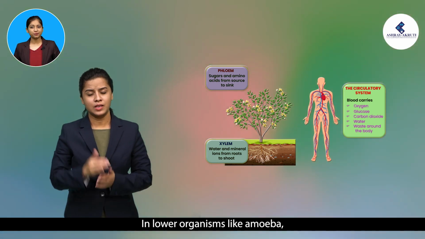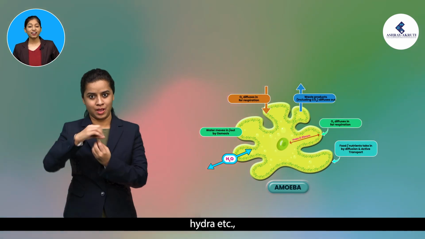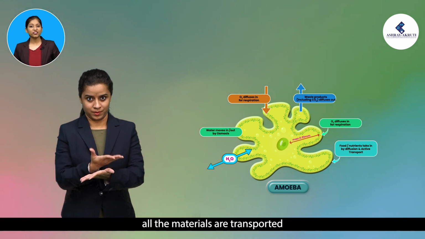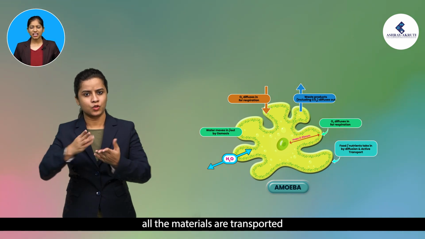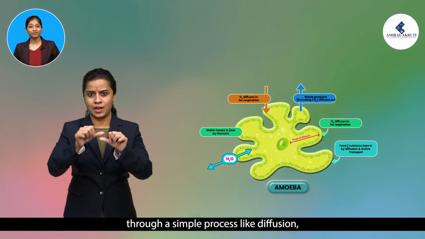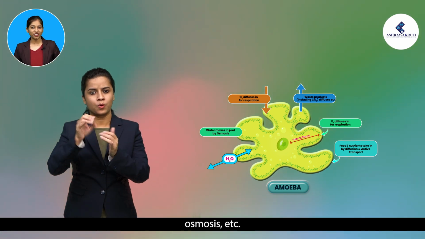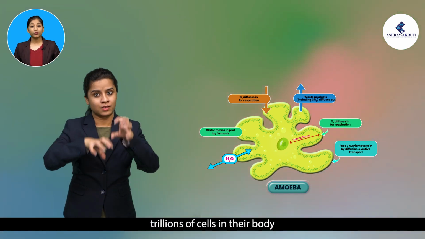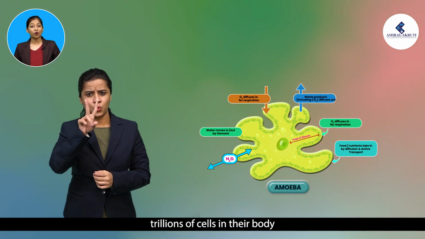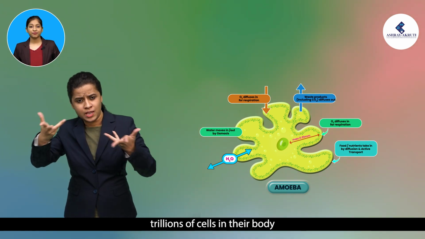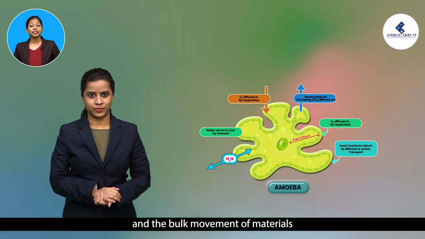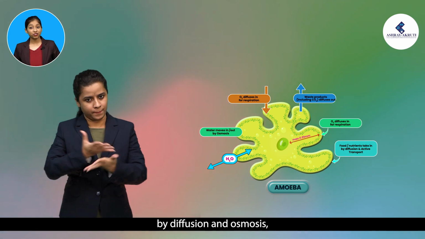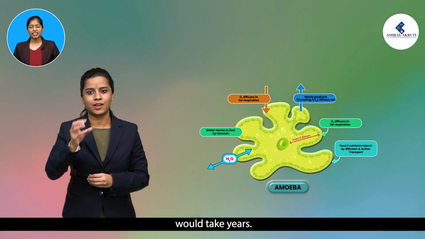In lower organisms like amoeba, hydra, etc., all the materials are transported through a simple process like diffusion, osmosis, etc. In higher animals with trillions of cells in their body, the bulk movement of materials by diffusion and osmosis would take years.